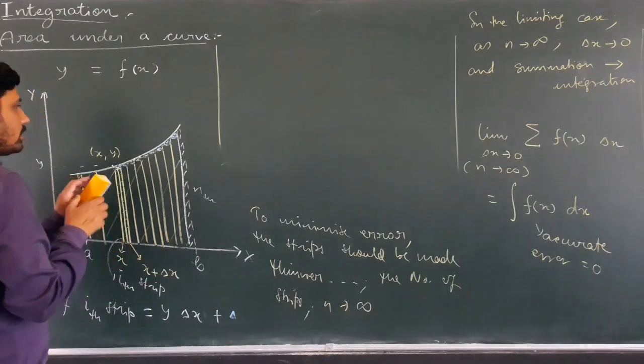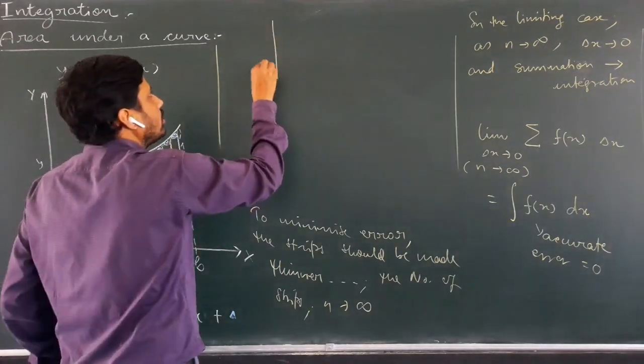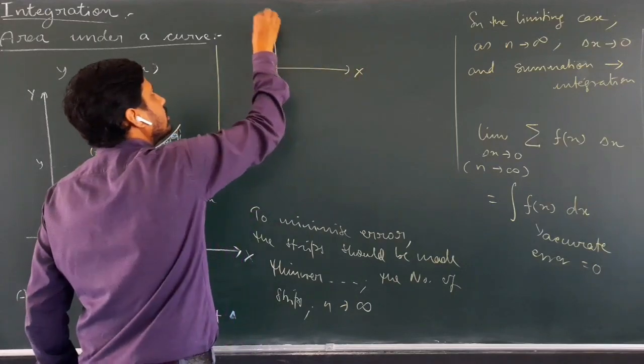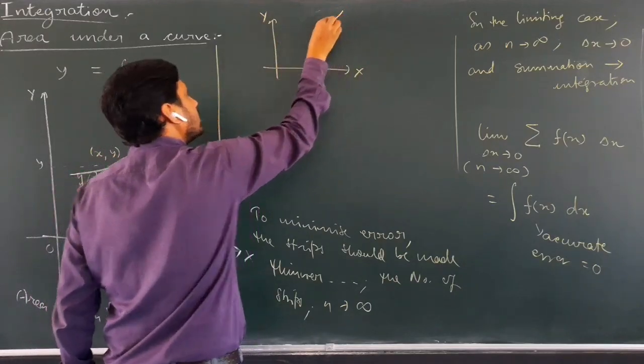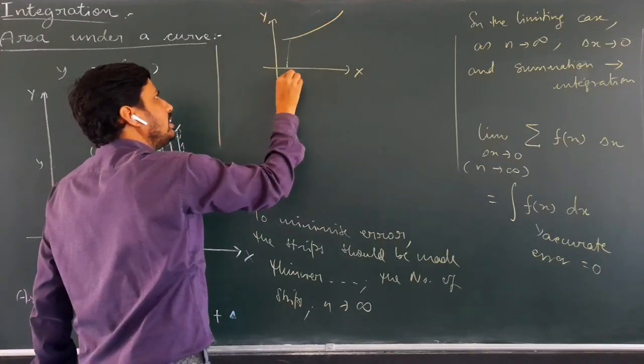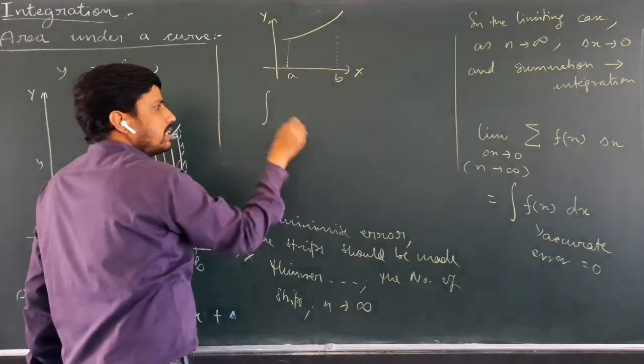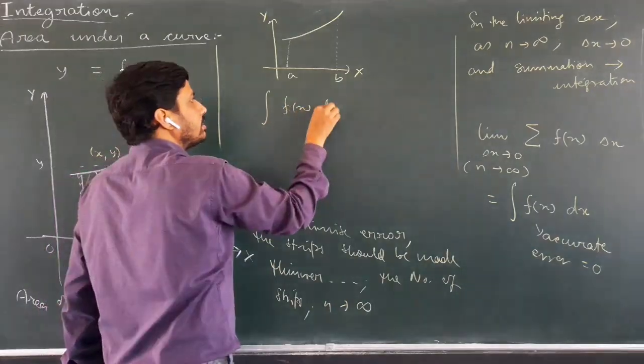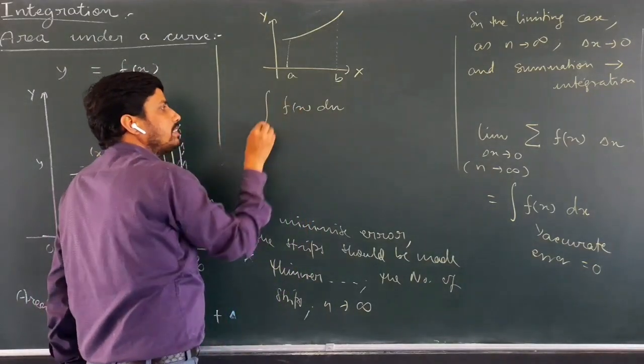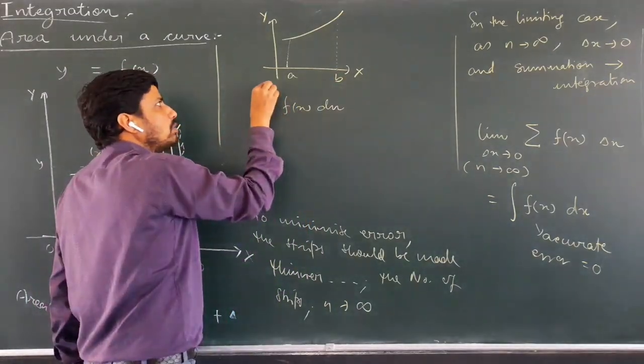So in the limiting case, we have x, we have y, we have this curve. This is a, this is b. So integration f(x) dx from x equal to a to x equal to b.